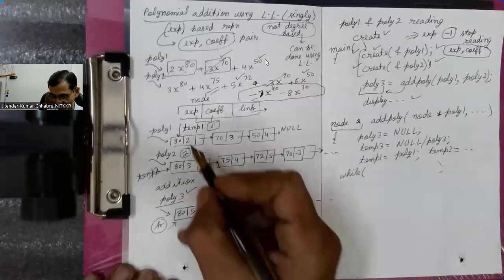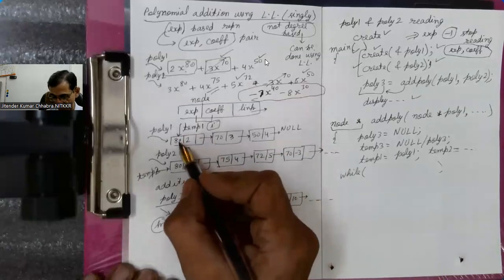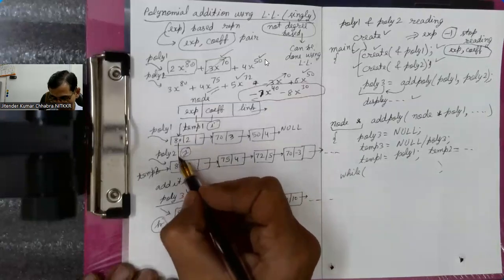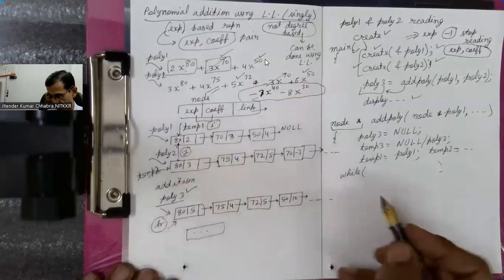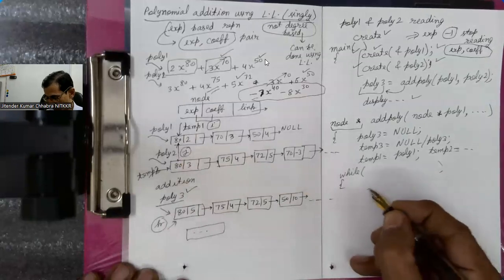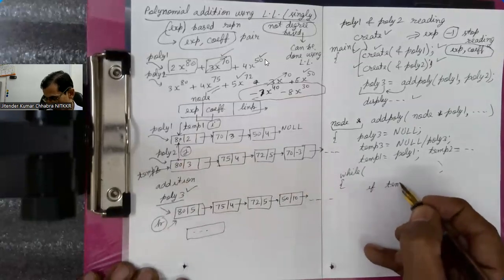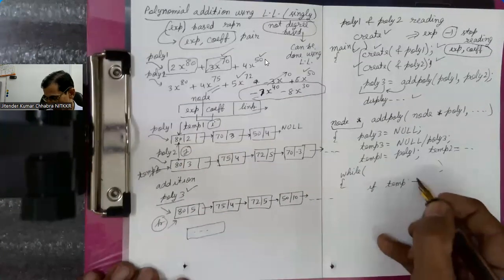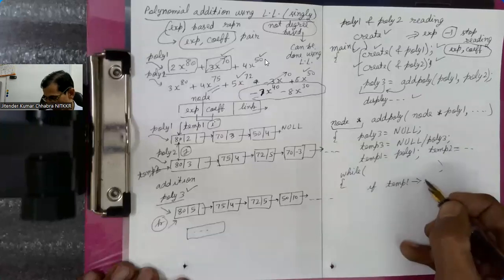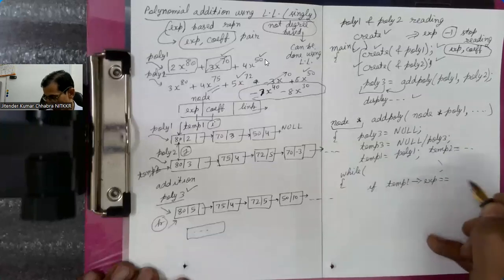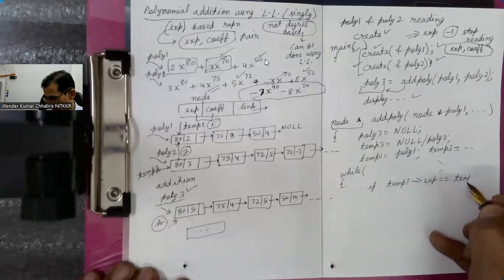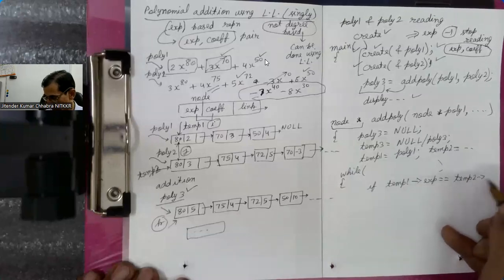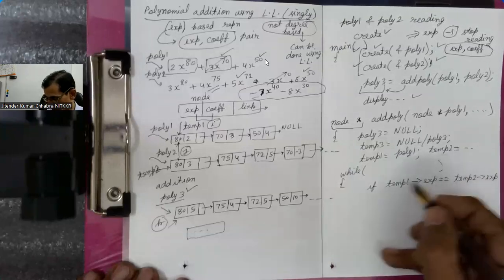For example, in this case, the first time I will have the comparison. Their exponents to be compared based on temp. So obviously, I'm going to write if temp1 arrow exponent is equal to temp2's exponent. If the exponent is equal, what do I have to do?